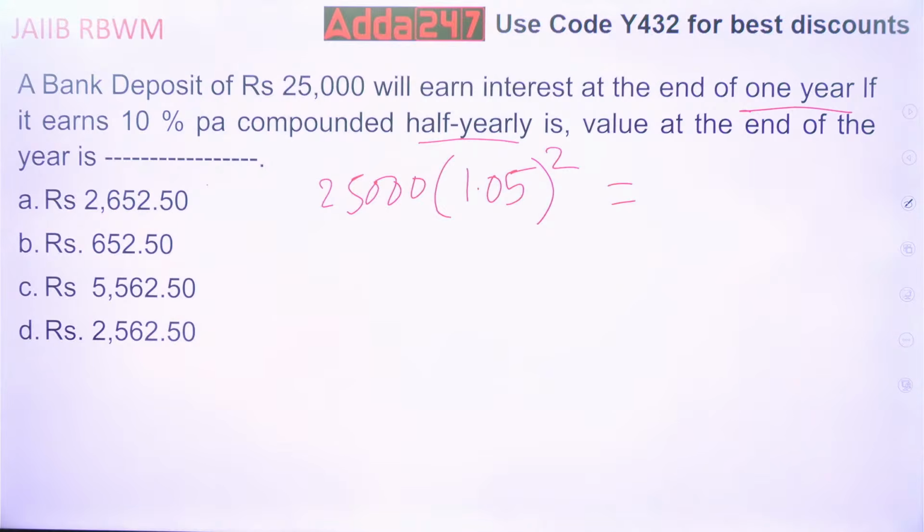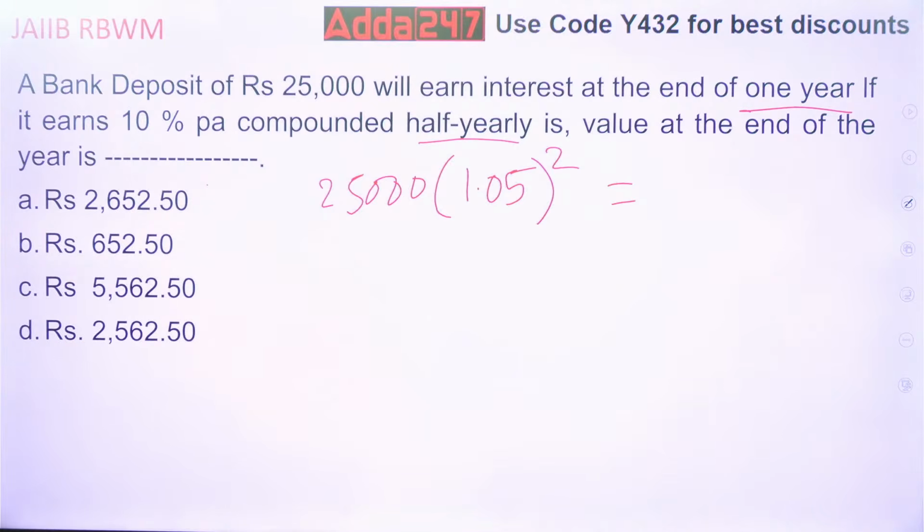So 25,000 into 1.05 square. 27,562. Okay?